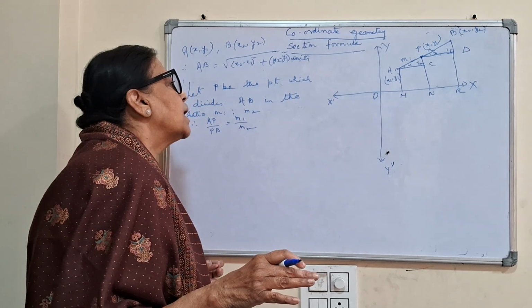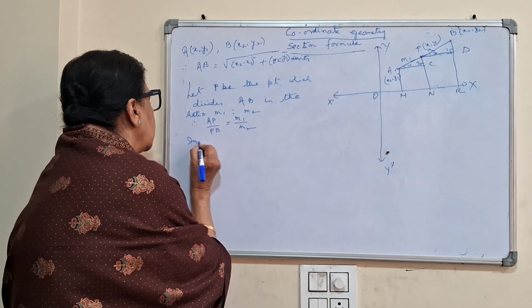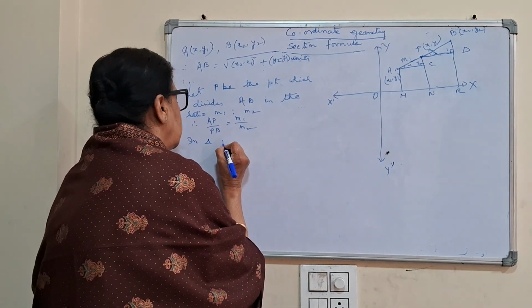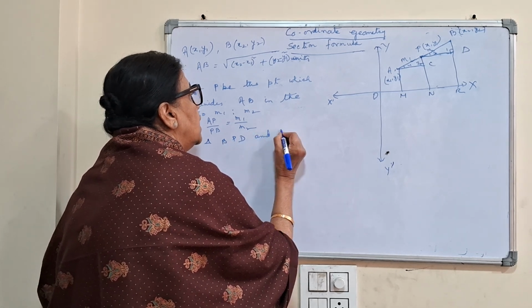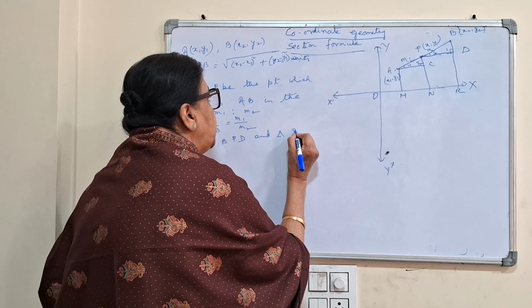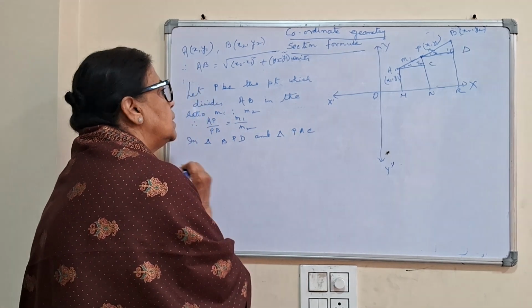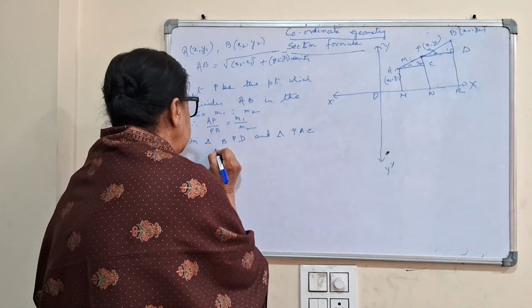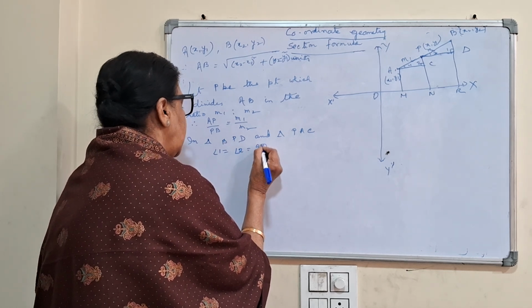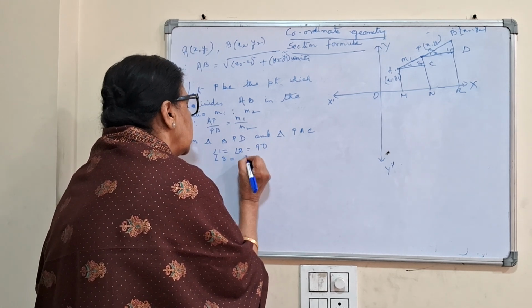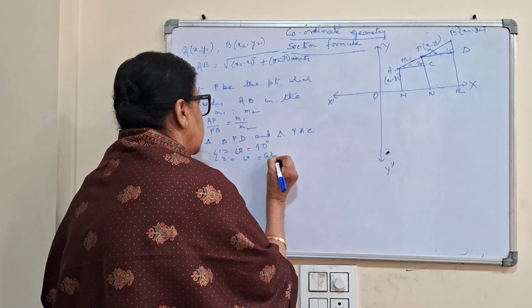So in triangles BPD and PAC, angle 1 is equal to angle 2 (90 degrees), and angle 3 is equal to angle 4, as they are alternate angles.